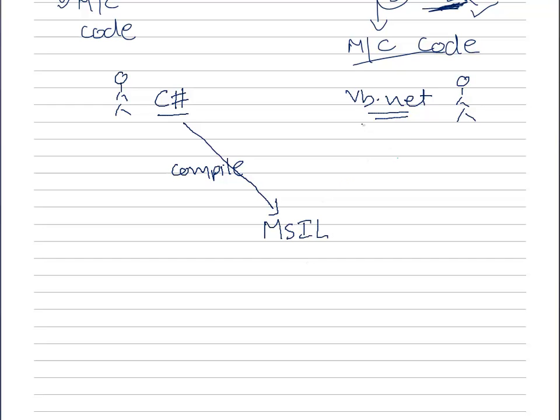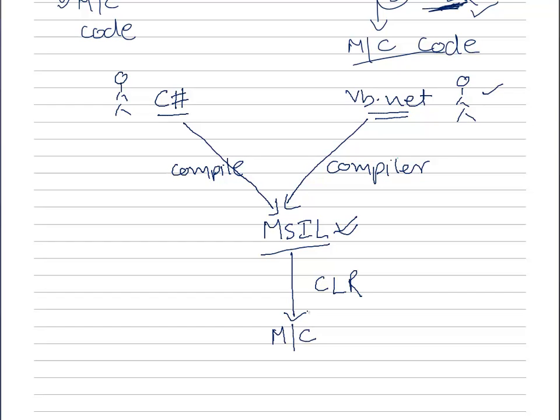When your friend compiles his code using a VB.NET compiler, it will convert his code into Microsoft Intermediate Language. And from this point, the CLR takes charge, and the CLR has no idea whether this intermediate language was generated from C# or from VB.NET.